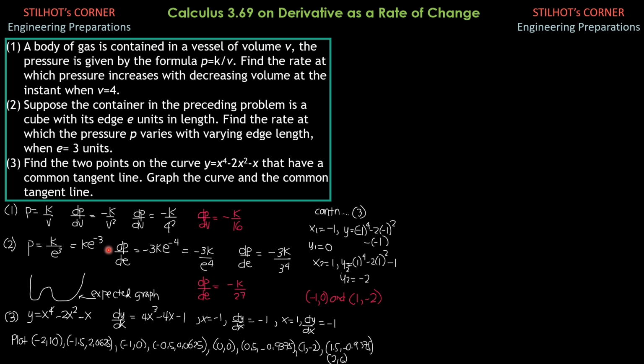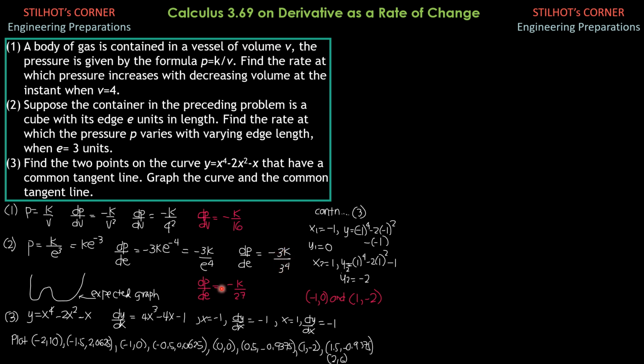So the derivative of pressure with respect to the edge E of the cube is equal to negative 3K E to the negative 4, and simplifying, it is negative 3K over E to the positive 4. When the edge of the cube is equal to 3 units, so we have dP dE is equal to negative 3K over 3 to the 4th.